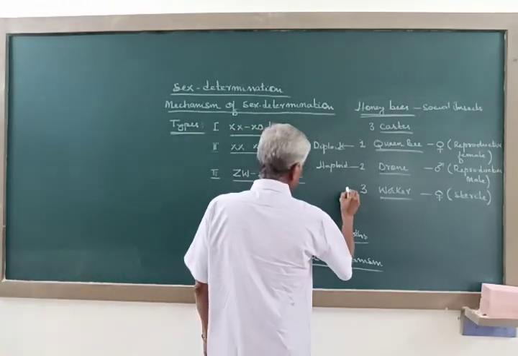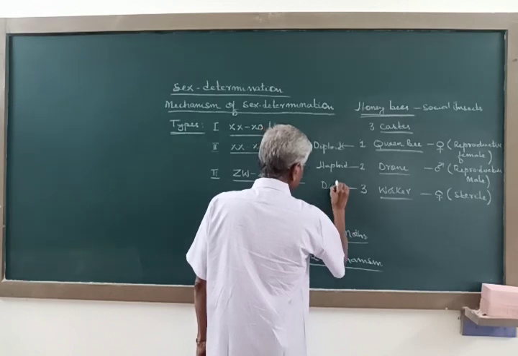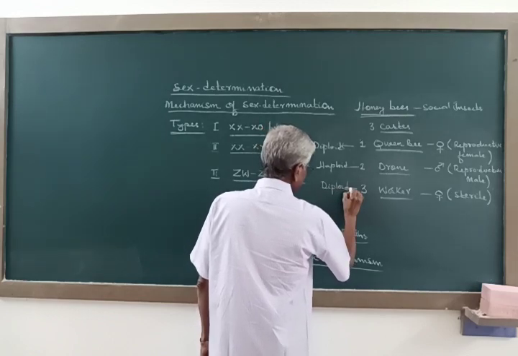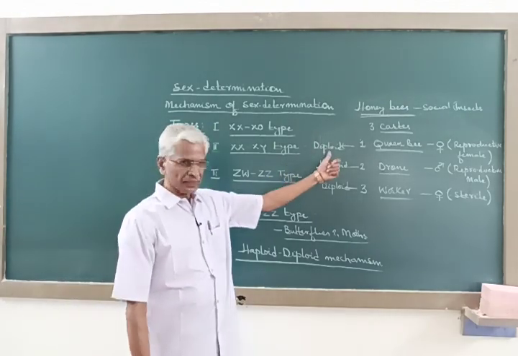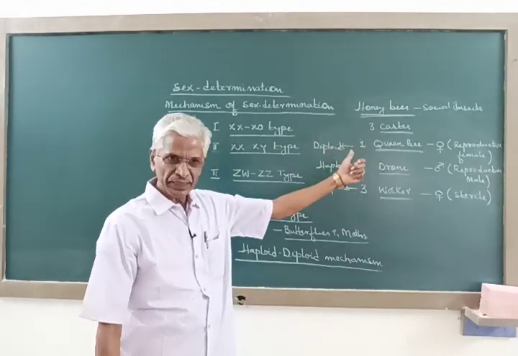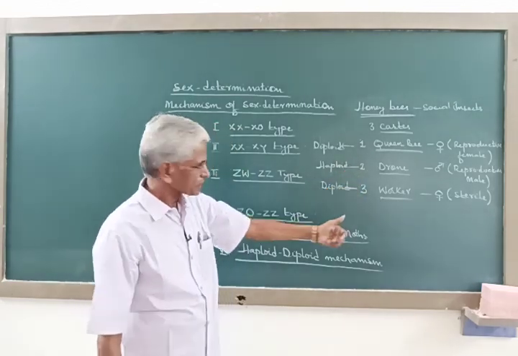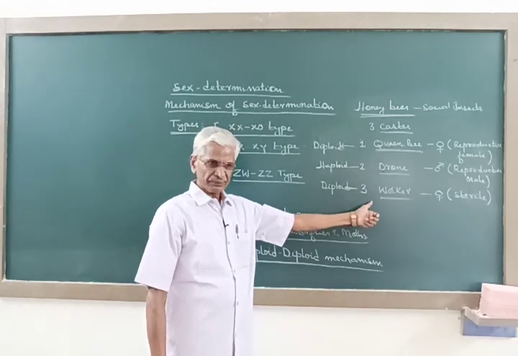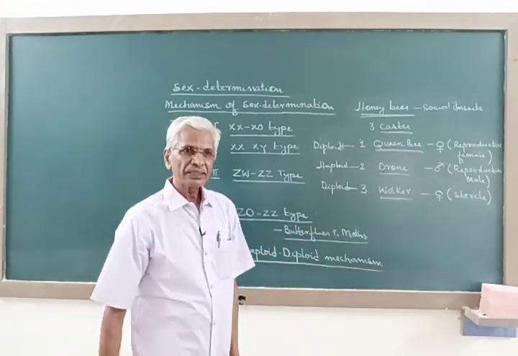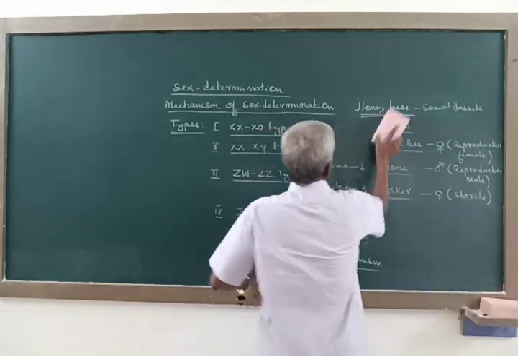And worker, it is also diploid. So queen bee is diploid, 2n number of chromosomes. Drone is haploid, only n number of chromosomes. And here the worker, it is diploid, having 2n number of chromosomes.